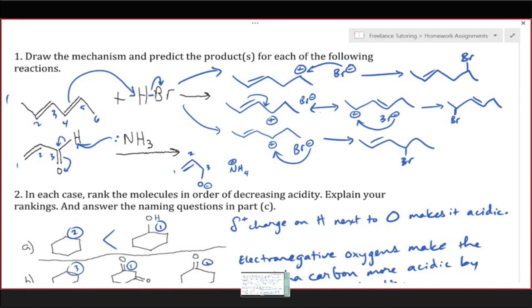Trying to remember. The reaction moves faster, more stable. The starting reactants, and no, sorry, I'm mixing that up.